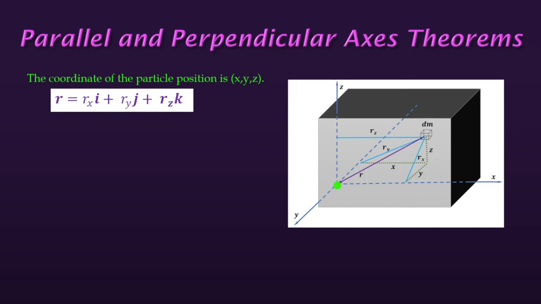So there are two formulas, the parallel and perpendicular axis theorems. That means if the body is rotating about one axis and we want the mass moment of inertia about another axis, then what is the relation between these two?